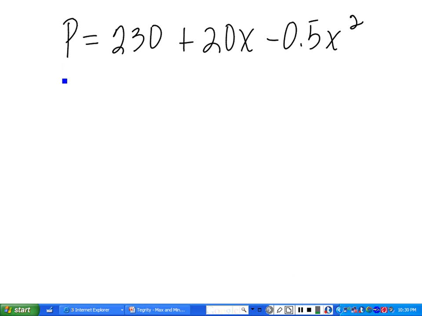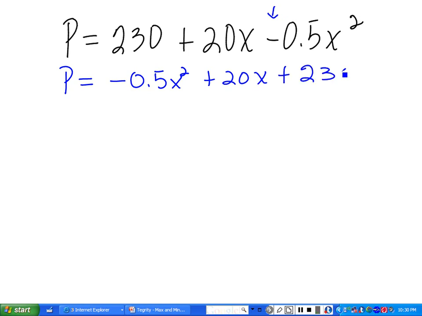So let's rewrite it as P equals negative 0.5x squared. I always keep the sign that's in front of that term, plus 20x plus 230. So now we see that our a is negative 0.5, our b is positive 20, and our c is positive 230.